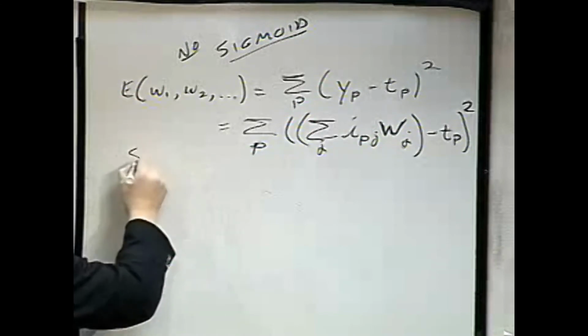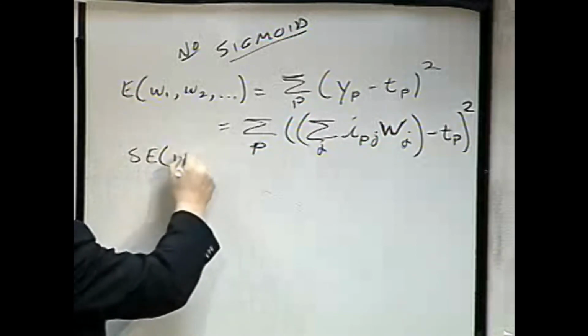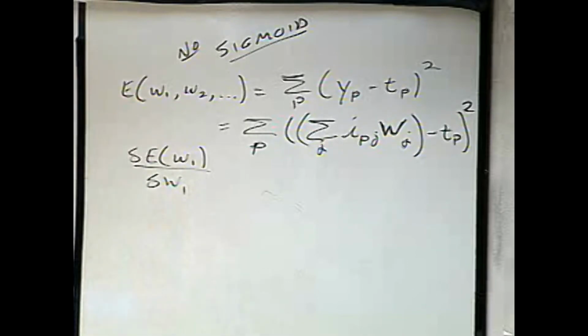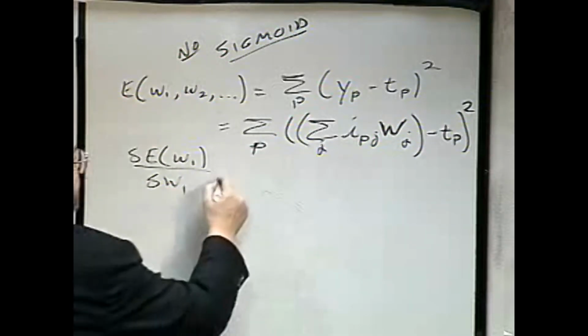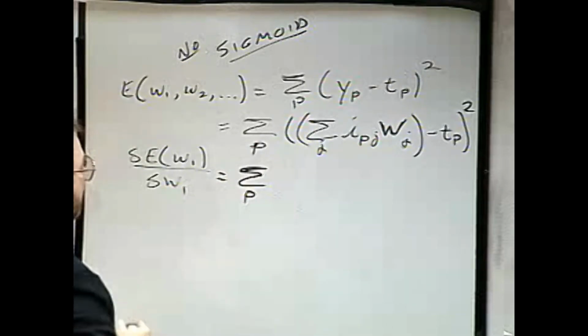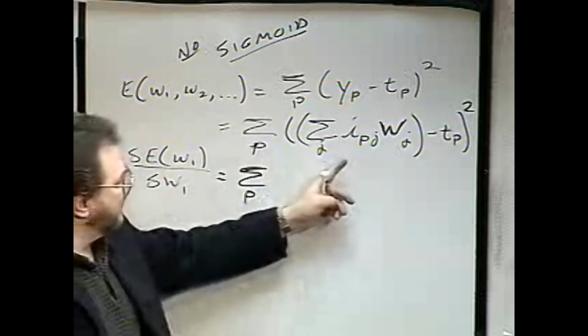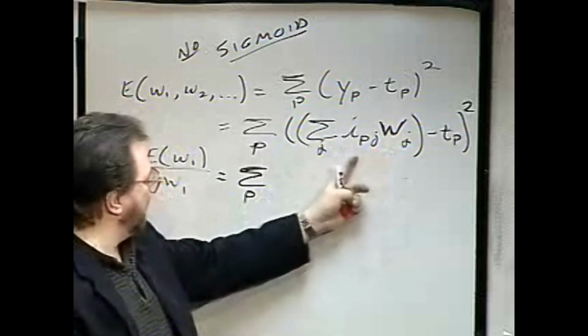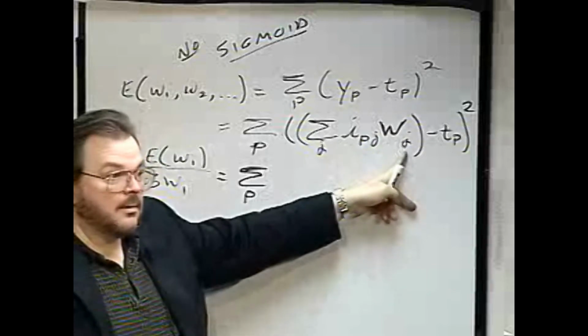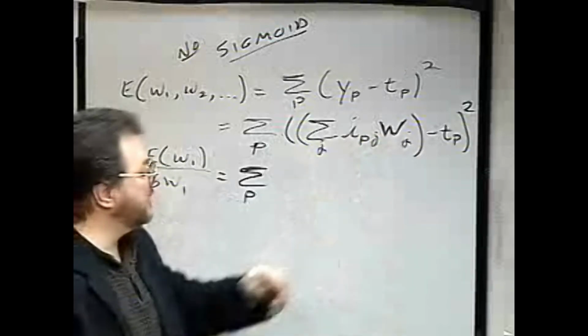And if we use steepest descent, then what do we want? Well, in the W1 direction, we want the partial of E with respect to W1, right? That will tell us which way is actually uphill. We negate it to go downhill. So if we take the partial of this, we get the summation over p. You notice something very interesting here: all of the terms go to 0 except for W1.